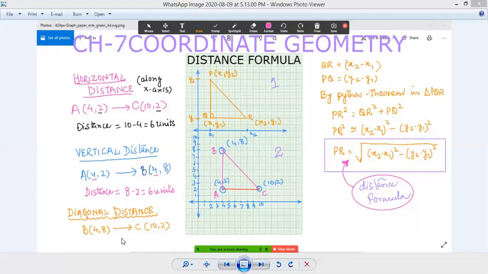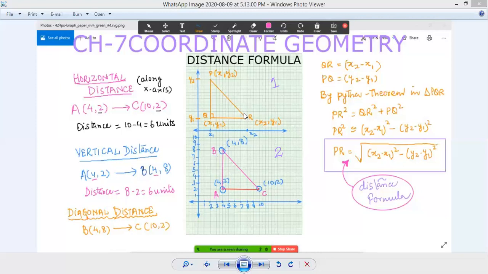The abscissa is also changing. Both are changing. That means we cannot calculate it the way we have calculated horizontal and vertical distance. We need a formula. So we will apply Pythagoras theorem to find out the distance. BC can be calculated by calculating AB square plus AC square under the root using the Pythagoras formula.